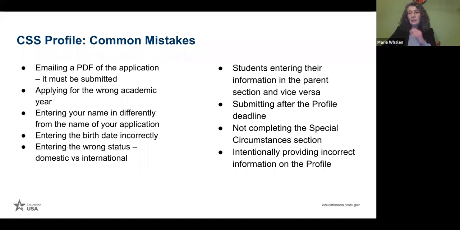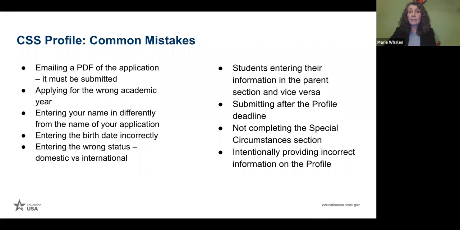Now, deadlines in the US college application process can be pretty strict and inflexible. Some colleges are more flexible if a student doesn't submit their application on time, whether it's for admission or scholarships or financial aid, but many are not.